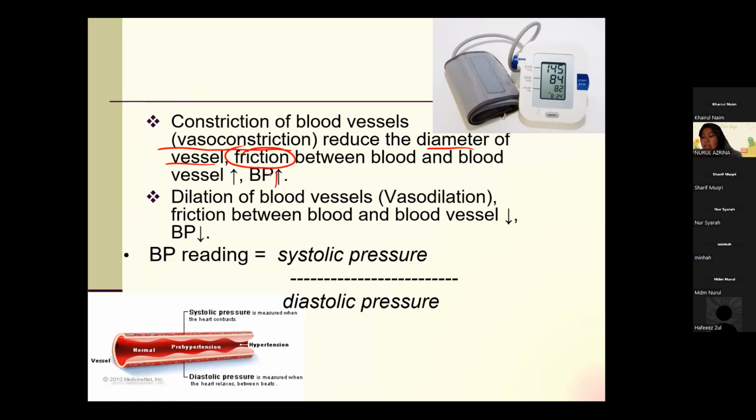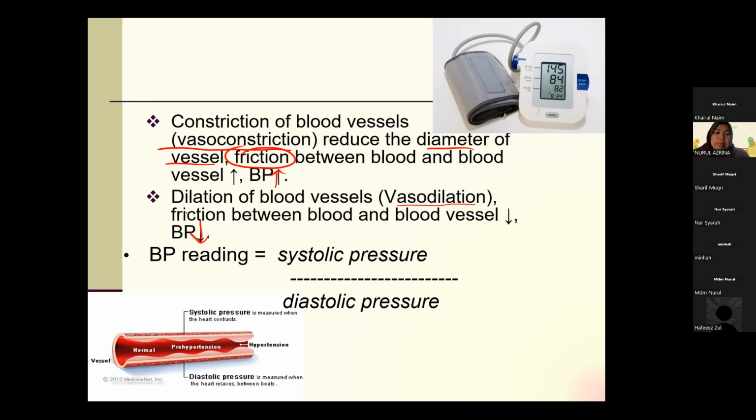Thus, it will increase the blood pressure. And dilation of blood vessel, or we call as vasodilation, bila salur darah kita mengembang, so friction between blood and blood vessel will reduce. So kuranglah dia punya geseran. So bila kurang geseran, the blood pressure will decrease.